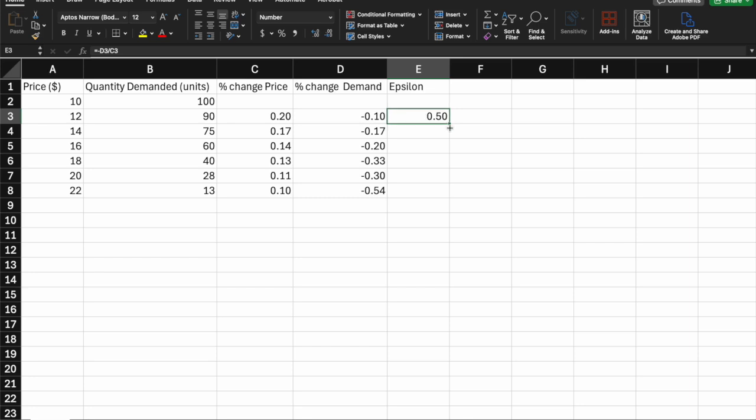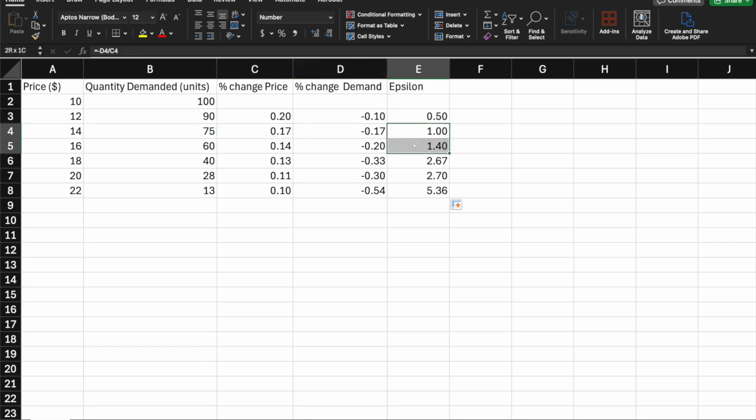Okay, now let's just drag this down and see how that changes as we go throughout the price. Okay, wow, so it's not constant. When you go from 10 to 12, it's inelastic, but going from 12 to 14 is unit elastic. It means that you see the same percent change in both price and demand at this point in the schedule.